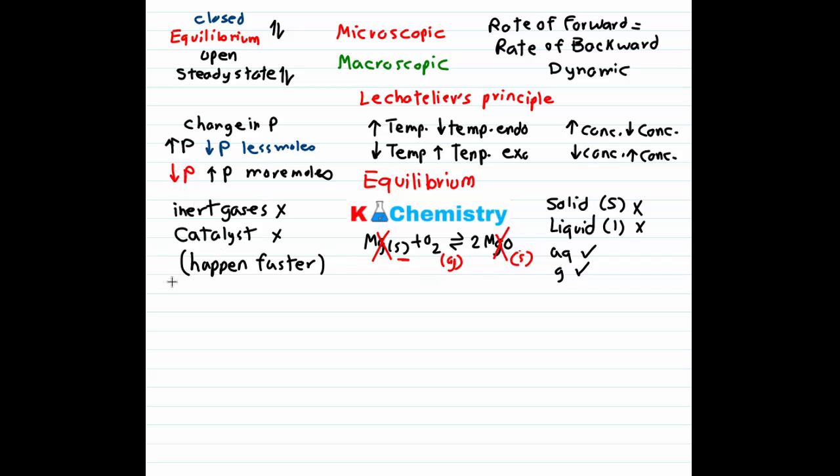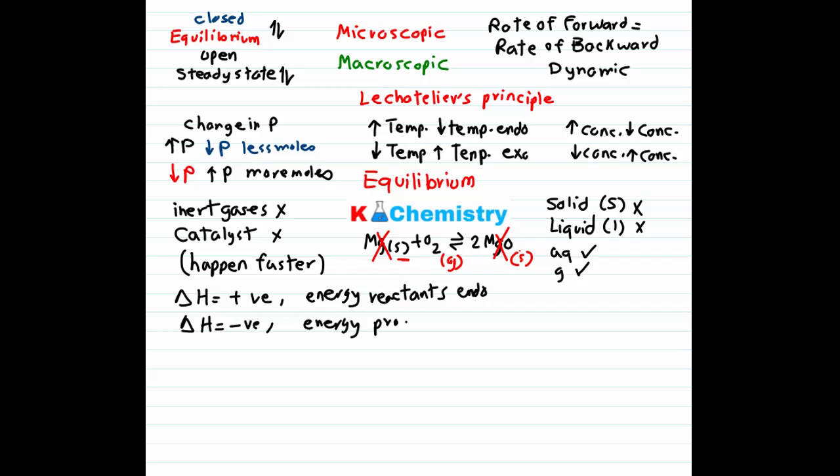If the reaction has a delta H which is positive, or if the energy is placed in the reactants, then this is considered an endothermic reaction. If the delta H is negative, or the energy is placed in the products, this is considered an exothermic reaction.